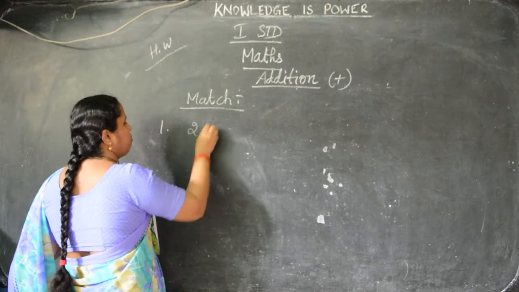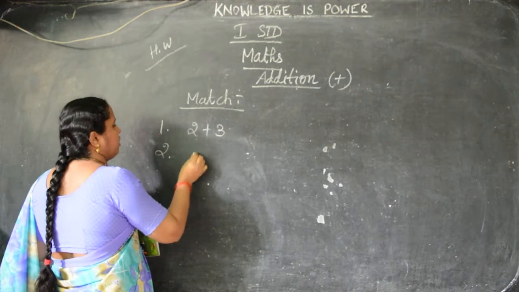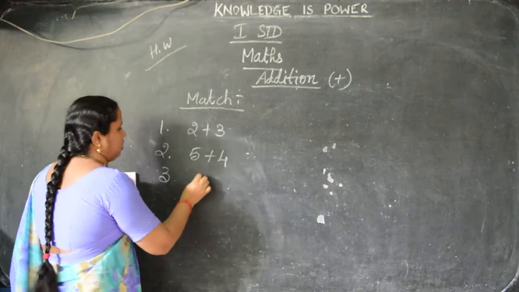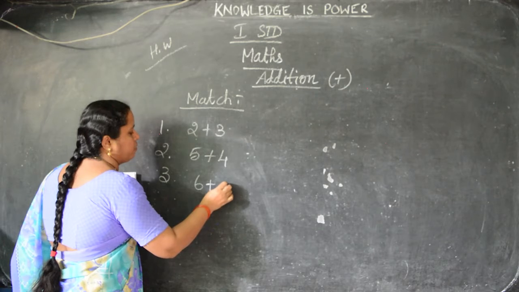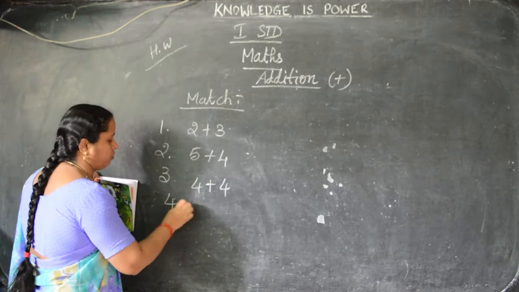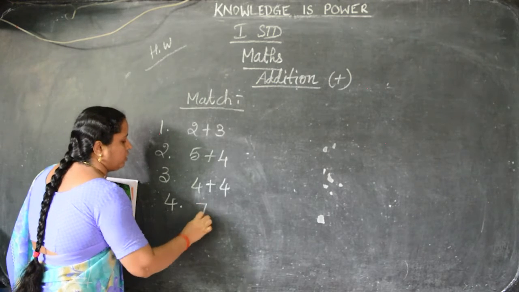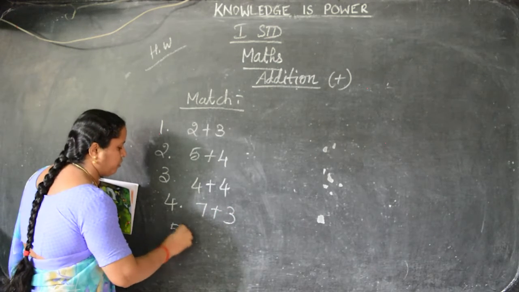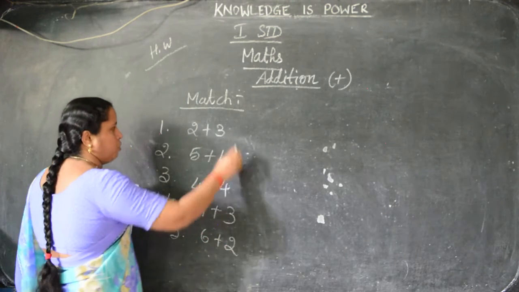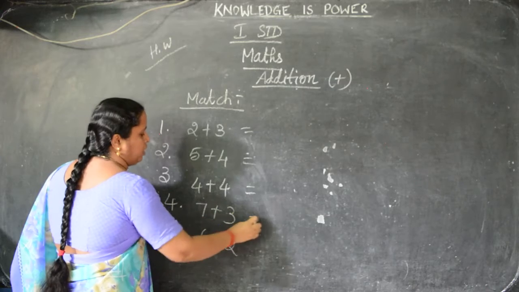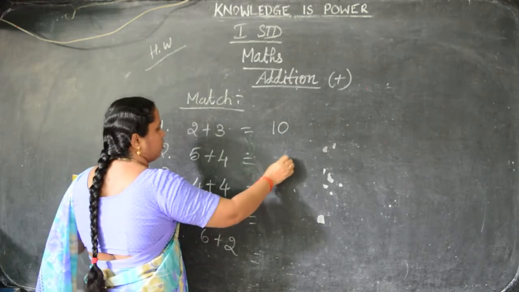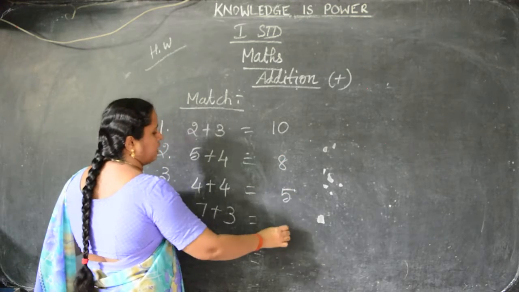Here see, 2 plus 3, then 5 plus 4, 4 plus 4, 7 plus 3, 6 plus 2. They are given the number and the answer also. You should tick the correct answer.